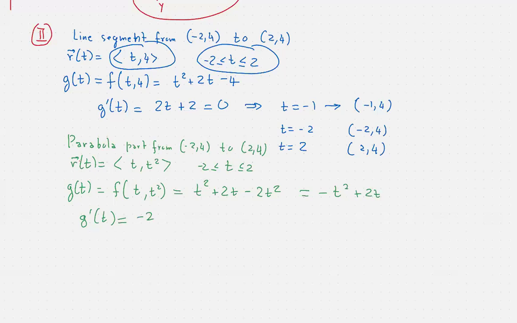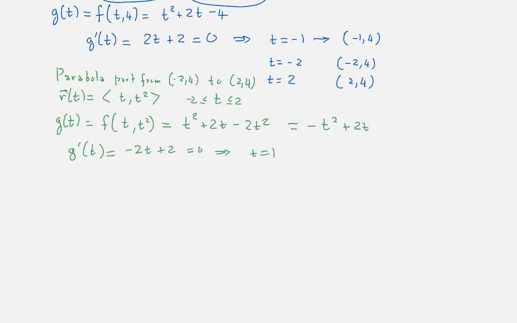Okay? Again, we have the endpoints. So these are all the points of interest. And by the way, t equals 1 makes perfect sense because it's within our interval. Again, we shouldn't leave them like that. We should translate them to points on the parabola. And we do that by using the parameterization. So that corresponds to the point 1, 1.